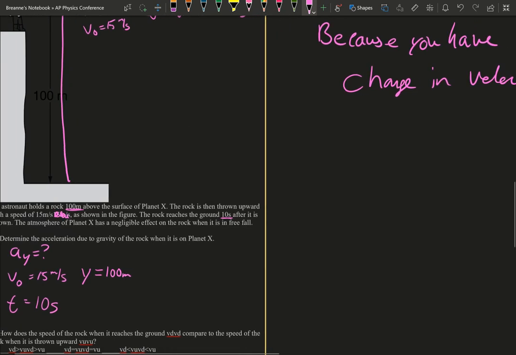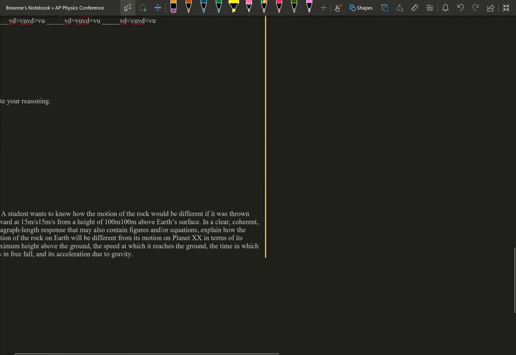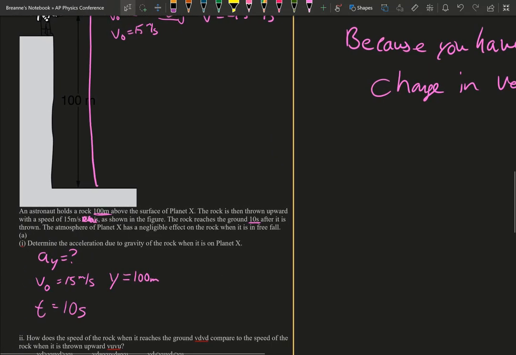We've already stated it's 15 here, it goes back up and comes back down, and it's 15 there. We don't know the extra upward. Okay, so that's the information we have.